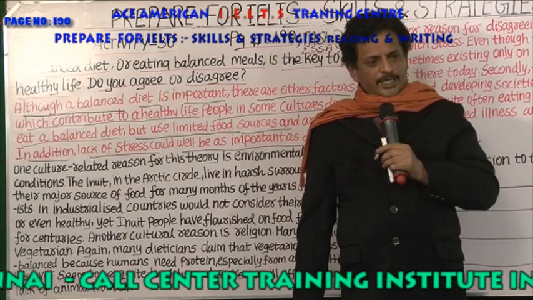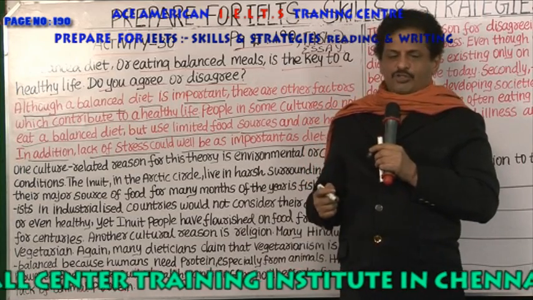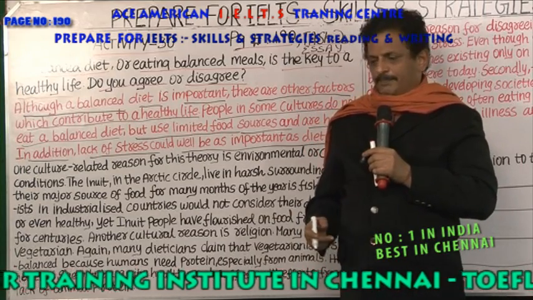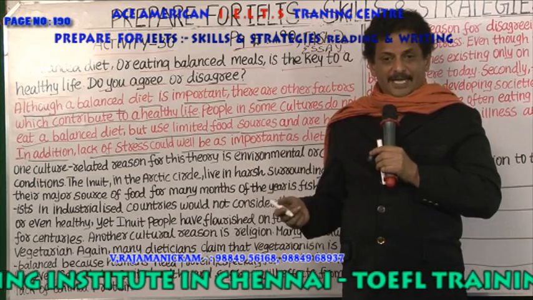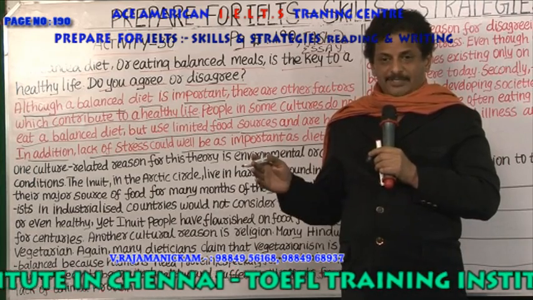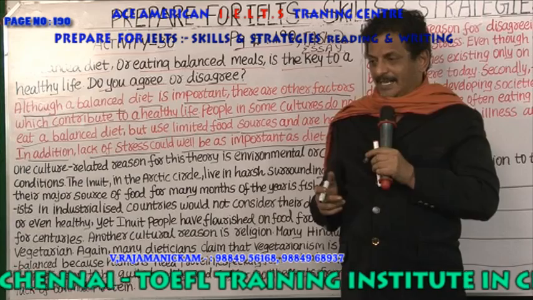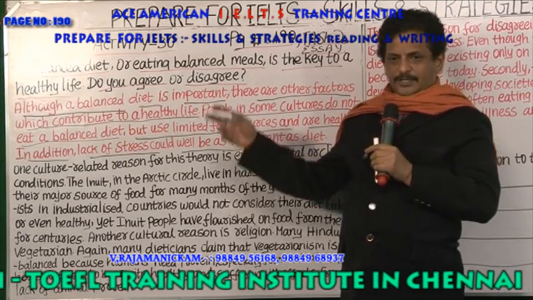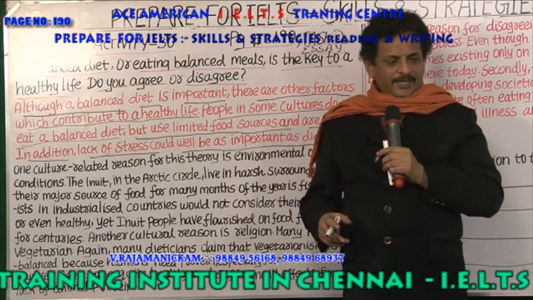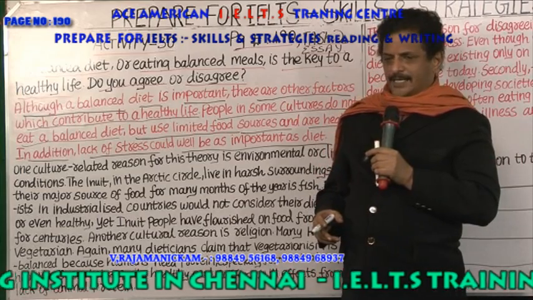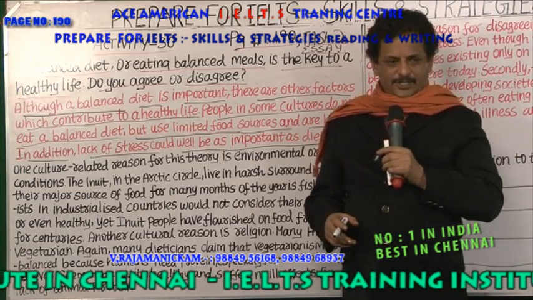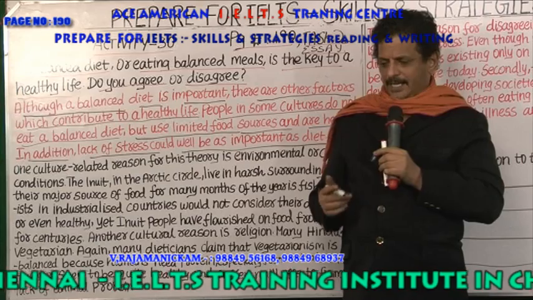Even though you eat a balanced diet, if you have a lot of stress, it affects your body. And there are people who don't eat a balanced diet, but they don't have any stress, so they are living a healthy life. So he goes in for two things. Of course, a balanced diet is very important, but some other factors are also very important to have a healthy life.